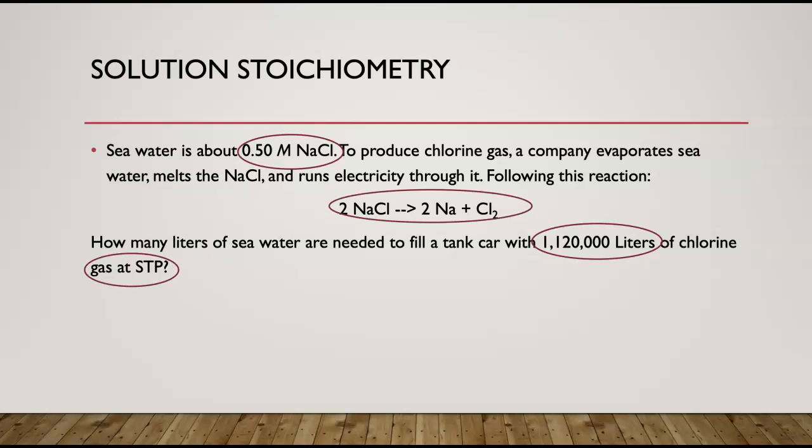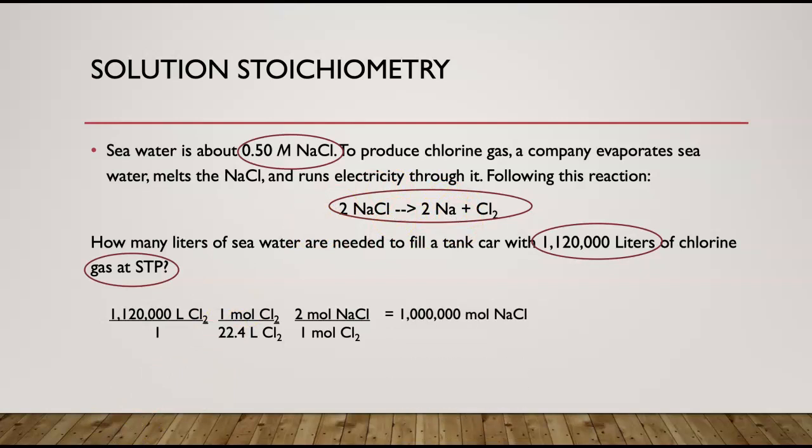I've got all my information. So I'm going to start with my liters of chlorine gas. I'm going to use my 22.4 liters equals a mole because we are at STP. Then I'm going to use my mole ratio from my balanced equation. I'm going to figure out how many moles of sodium chloride.